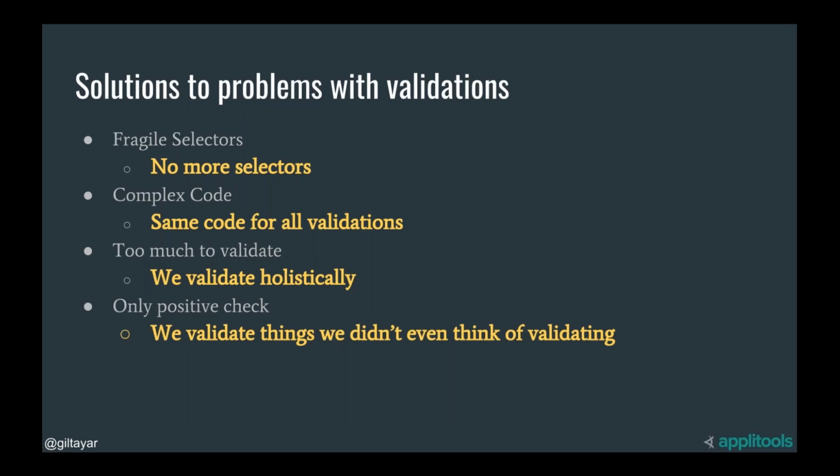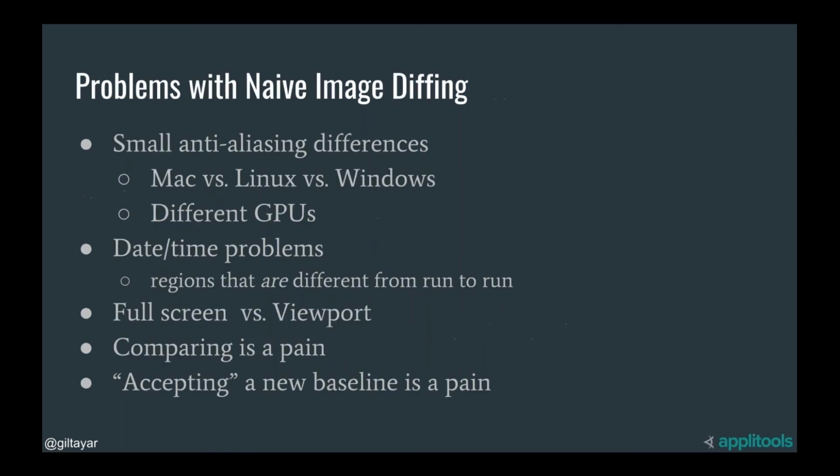We've solved the problem with validations. And this is great. Now our code looks like action using page objects, obviously, action, screenshot, action, screenshot, action, screenshot. The problem is that when we're taking the screenshot and comparing it, we're doing it very naively.